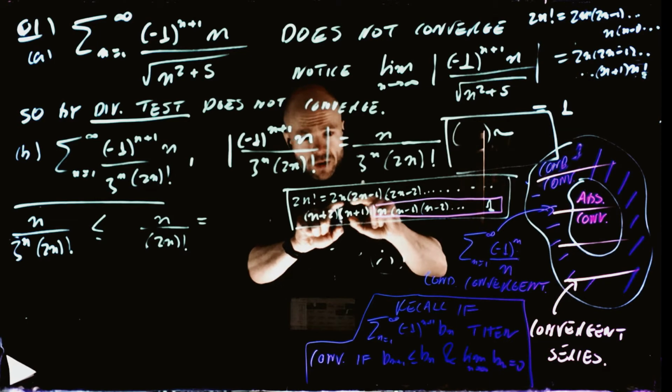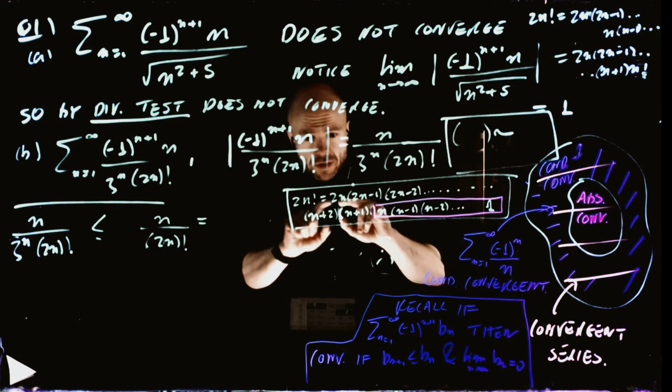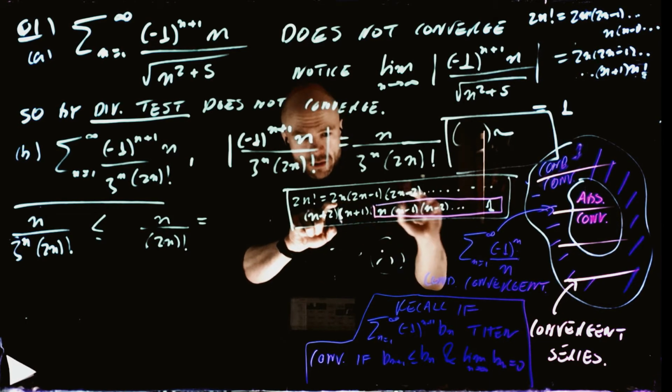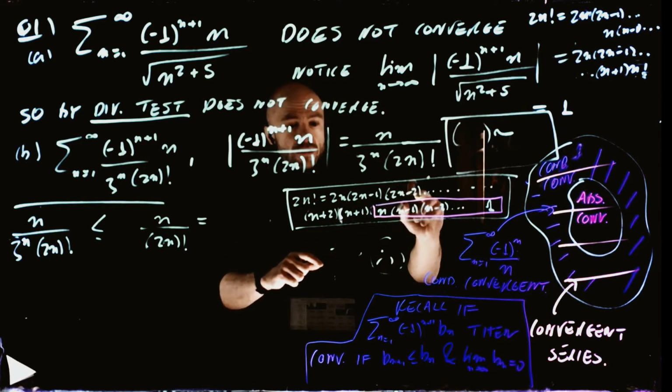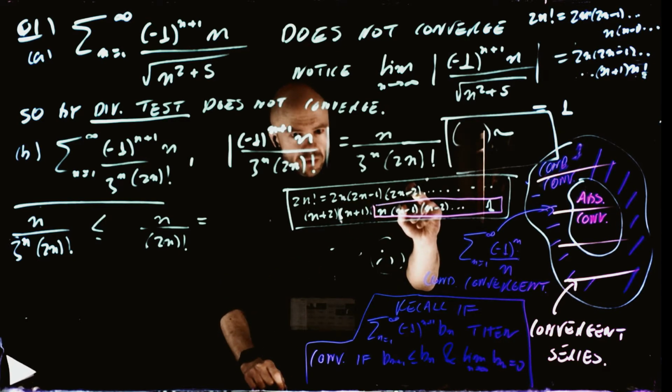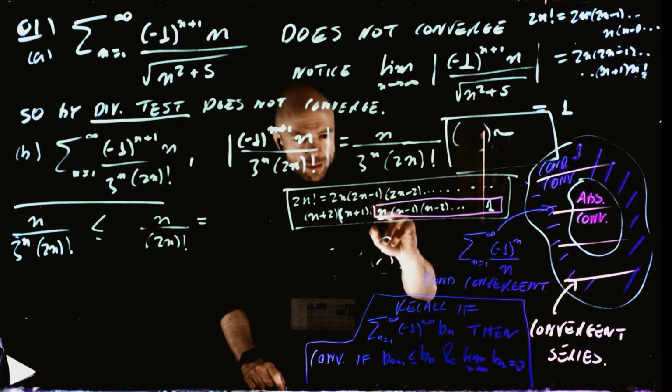So we have 2n, 2n minus 1. All of these terms here are bigger than n, right? And how many of them are there? There are n minus 1 of these terms before we get to n.